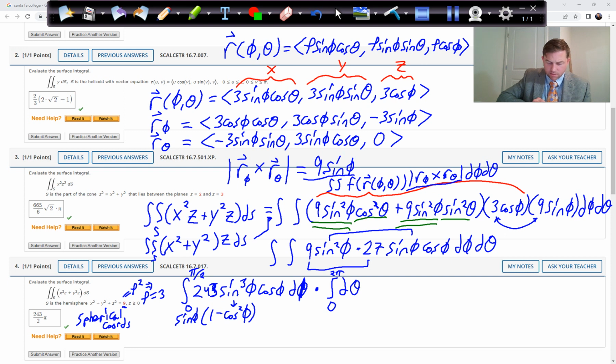We actually did a problem very similar to this in a previous homework. So if you do this, this whole thing is going to reduce to just 243 over 2 times pi. So you get quite a bit of things to simplify in that once you do those antiderivatives for problem 4.